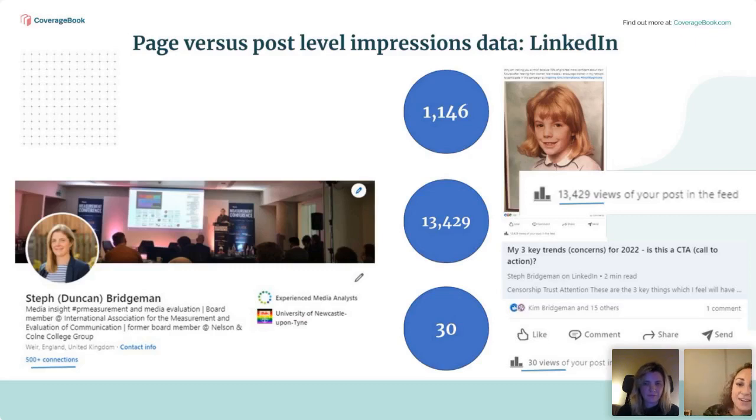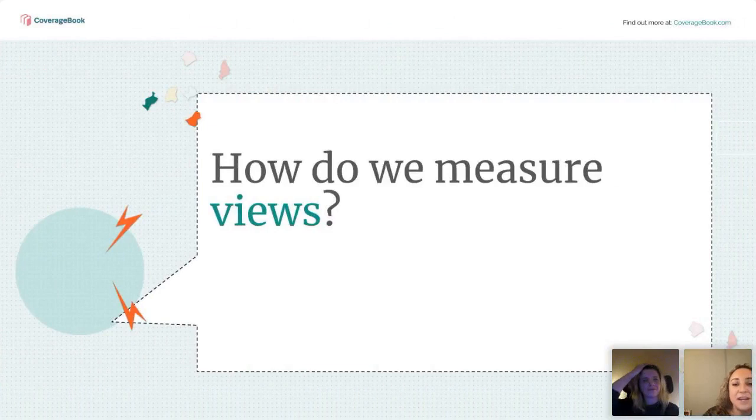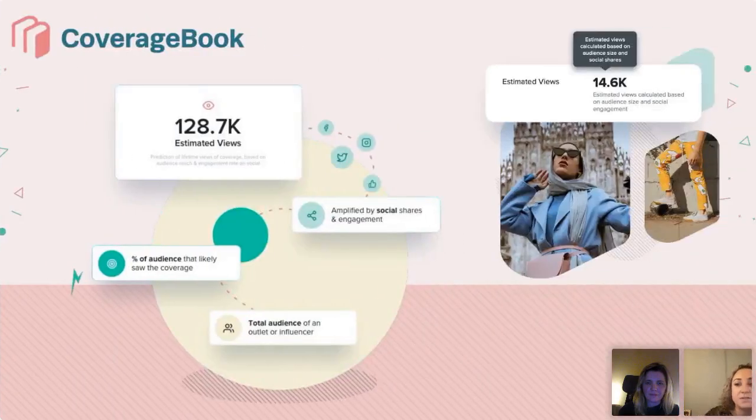Well, if you're working in CoverageBook 2, we have a new metric, which is estimated views for social. You would be used to the estimated views for any of your media relations, so any kind of articles and online publication coverage.